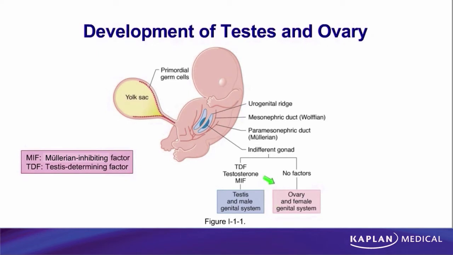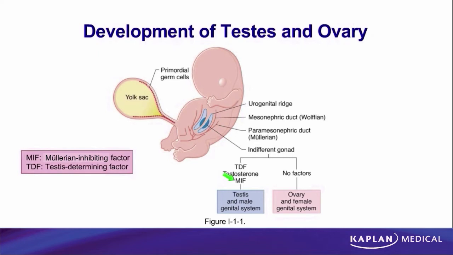If you think through the possible abnormalities here, you can see how you could end up with embryos that have mixed gender abnormalities. For example, if we had an embryo that had a Y chromosome and therefore it had TDF and therefore it had a testis and was secreting testosterone and dihydrotestosterone, but let's say for whatever reason it wasn't producing Mullerian inhibiting factor, or it wasn't producing the receptors for Mullerian inhibiting factor.